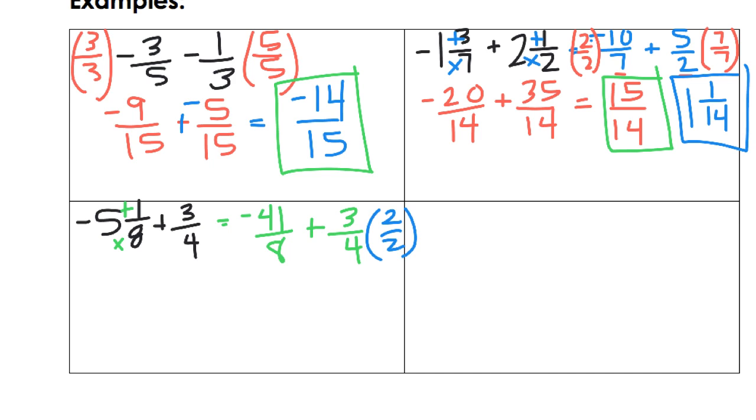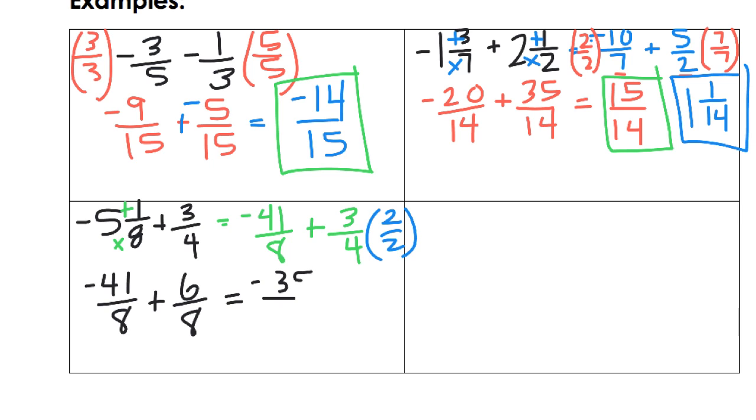So I get negative 41/8 plus 6/8. Then I can add. I know my denominator is going to have an 8 on the bottom because I keep the denominator the same when I add fractions.